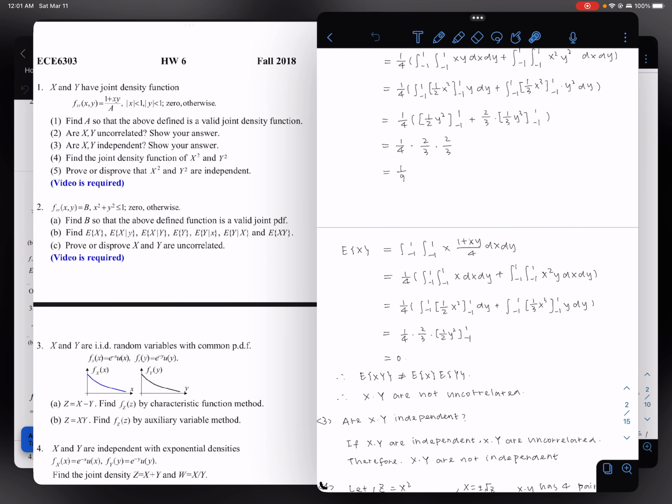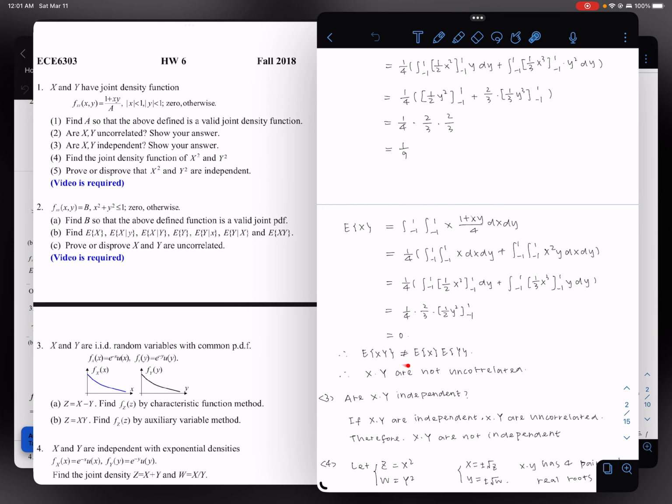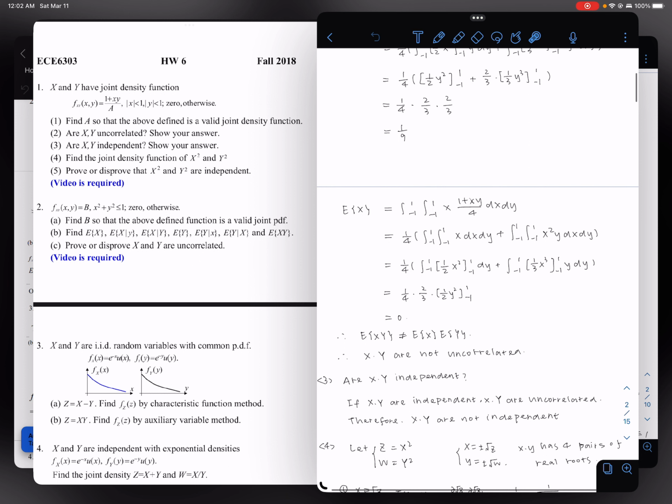And then we can find E of x is 0. So we can know that this equation is not true. So we can know that x and y are not uncorrelated.